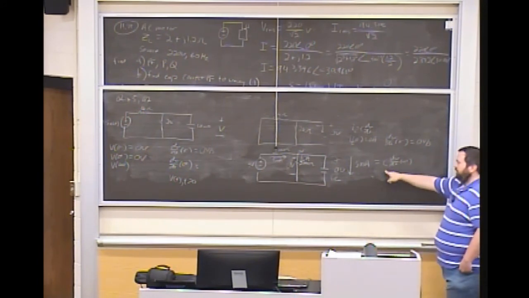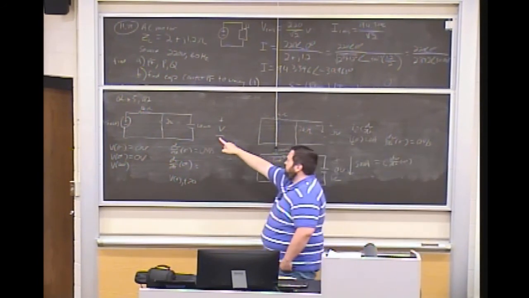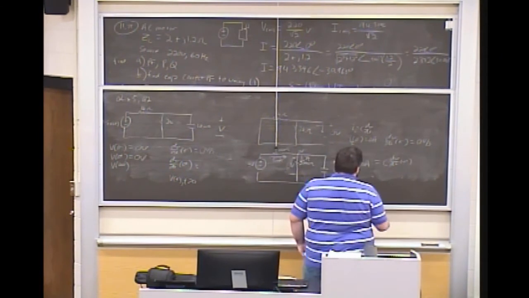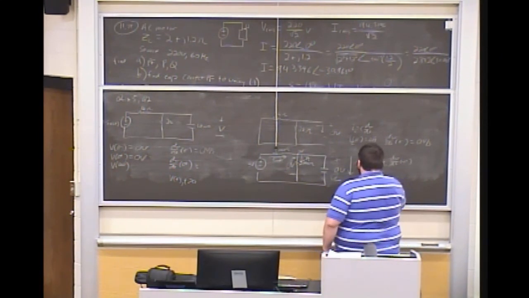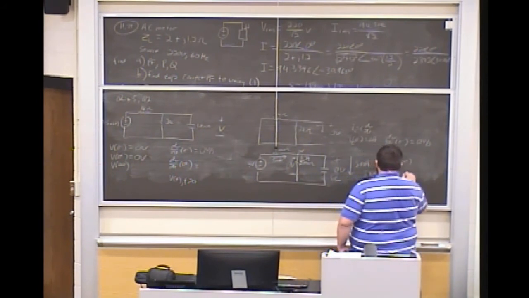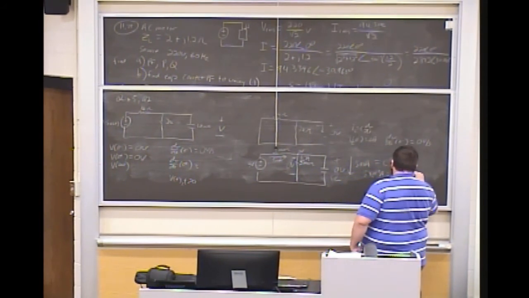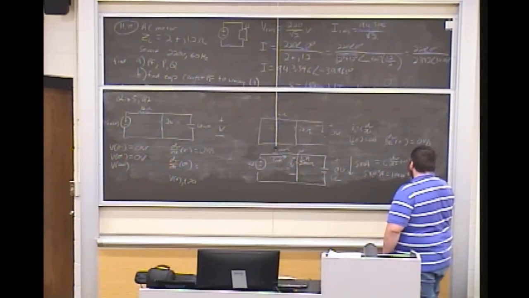And so here I plug in my value for C, 10 times 10 to the negative 6th. So 5 times 10 to the negative 3 amps equals 10 times 10 to the negative 6th farads times dV/dt at 0 plus.